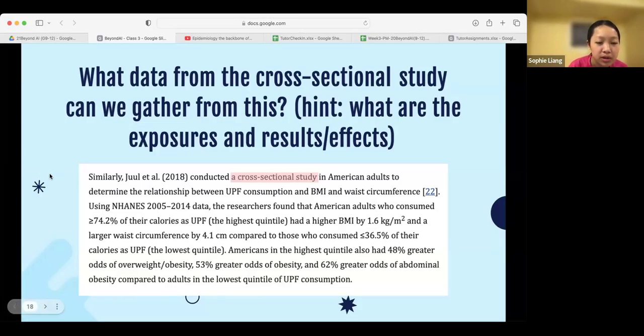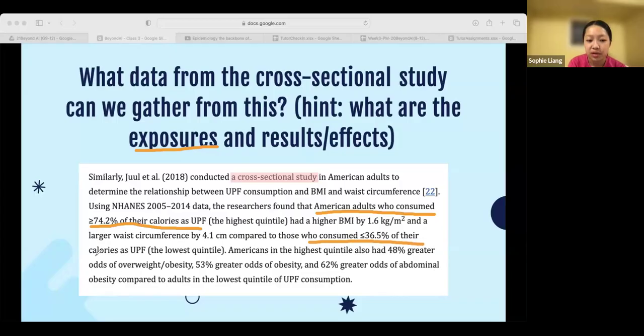I will put the exposures in orange. So that would be American adults who consumed this much of their calories as UPFs. And also another group is those who consumed less than 36.5% of their calories as UPF.